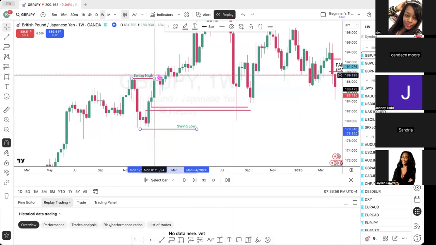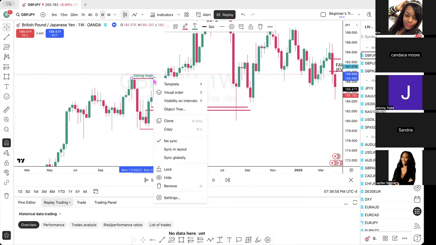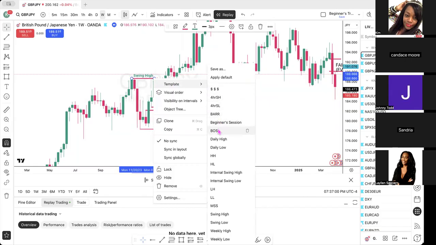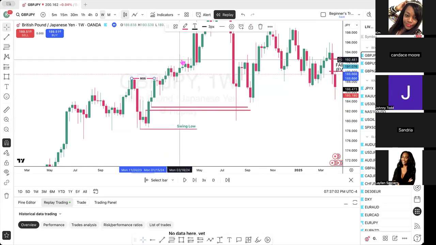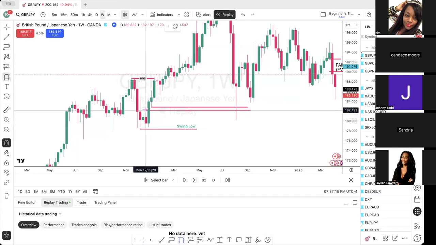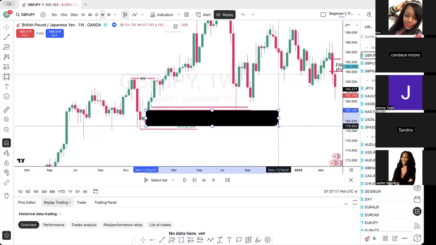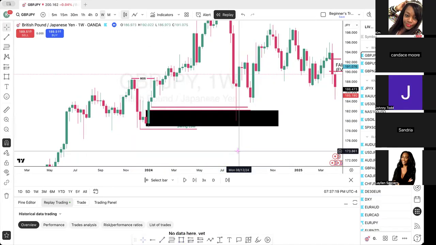Once price broke this swing high, this became the break of structure. Once you get a break of structure, this is what I do. As soon as I get a break of structure, I immediately look for my demand zone. And remember, your demand zone is your buy zone. I will mark it up.